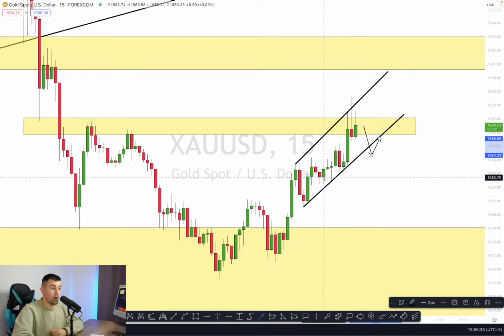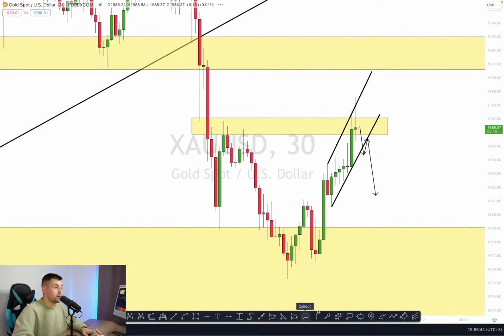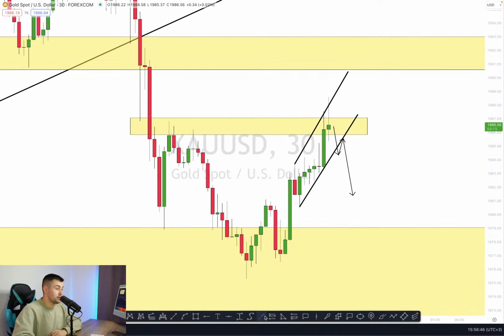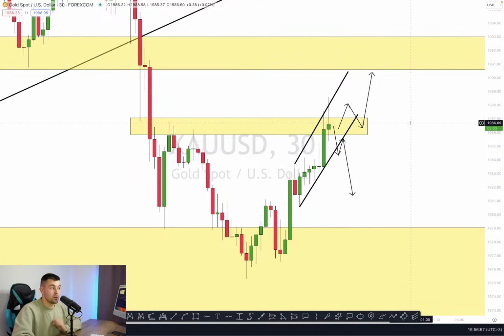If the price violates the support of the channel, if we close below that, probabilities will be high that the market will drop. Yes, that will be your strong bearish signal. While at the same time, a bullish breakout of that minor resistance, the 30 minutes candle close above that resistance, will give you a scalping bullish confirmation that will push the prices higher to that yellow resistance.